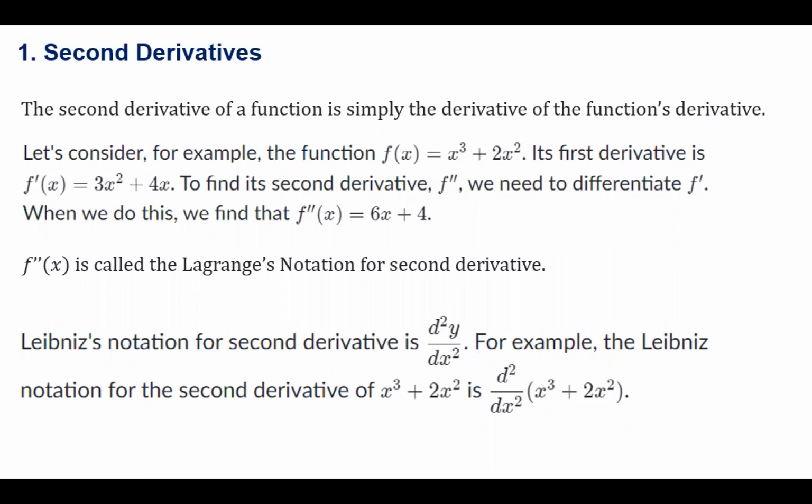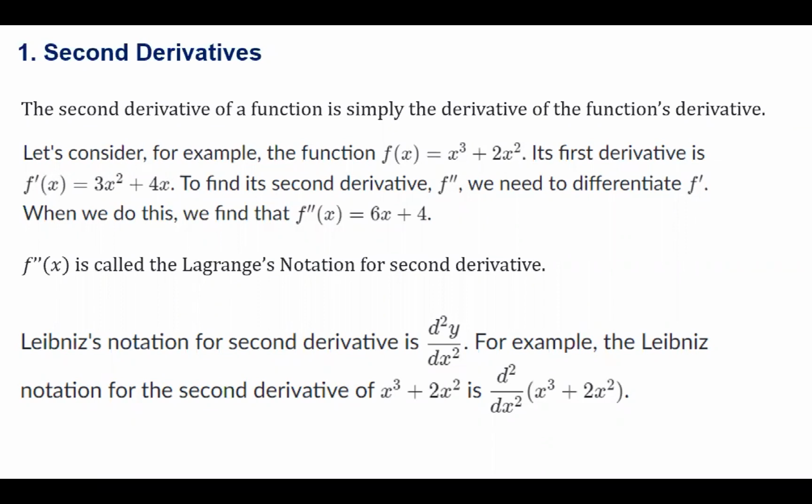When we do this, we find that the second derivative of f(x) with respect to x equals 6x plus 4, right? Second derivative is just the derivative of the first derivative. Therefore, if you differentiate 3x squared plus 4x, then we will get the second derivative, which is 6x plus 4.